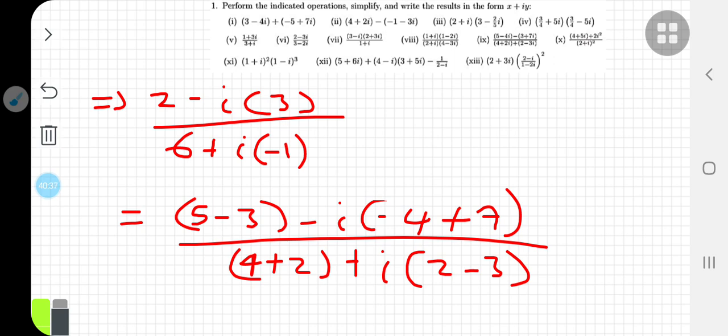So I just subtracted 5 minus 3 to give me 2 there. Then there's negative 4 plus 7 to give me 3 there. On the denominator part, I added 4 plus 2 to give me 6 there. And there I subtracted 2 minus 3 to give me negative 1 there.